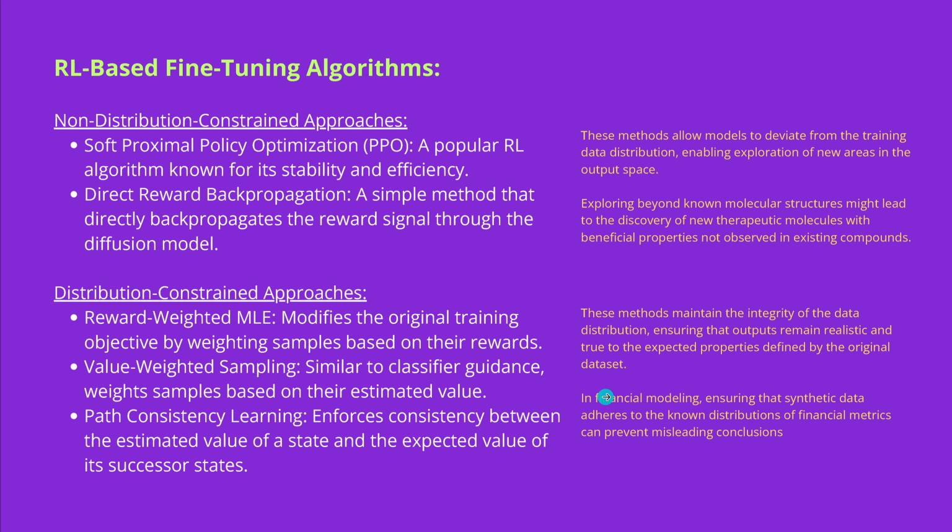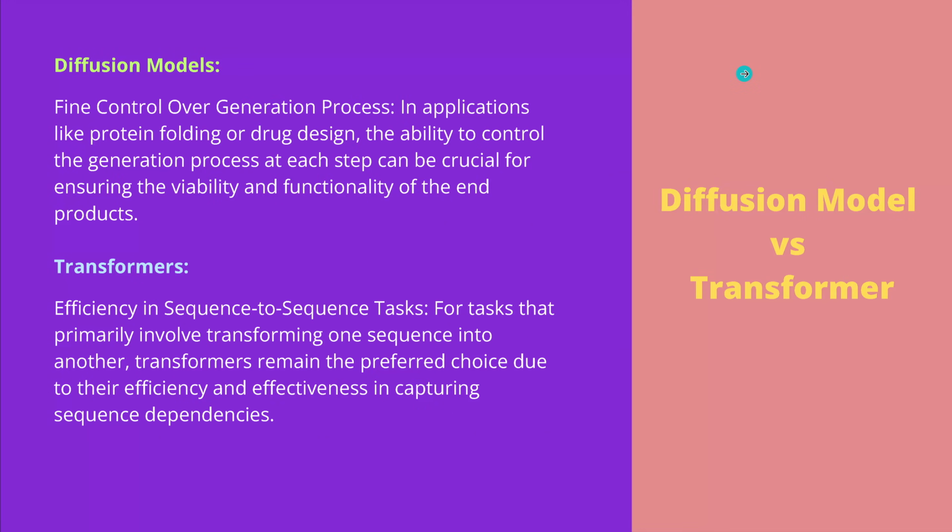So in this way, I can prevent the system from coming up with completely new misleading conclusions. I want all the new AI predictions to be really close to the known financial metrics. Then you go for distribution constraint approaches like ABC. You see, a little bit complex.